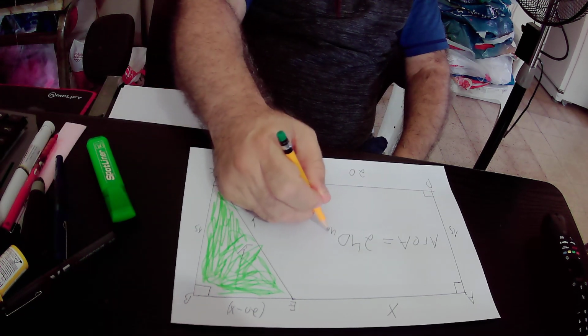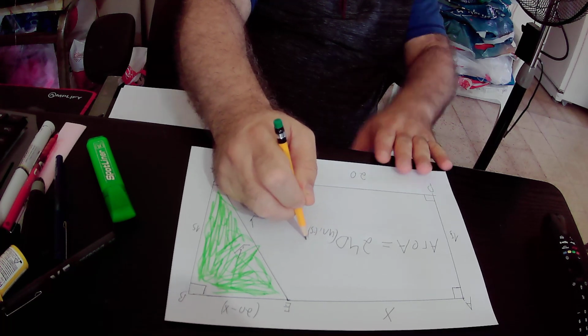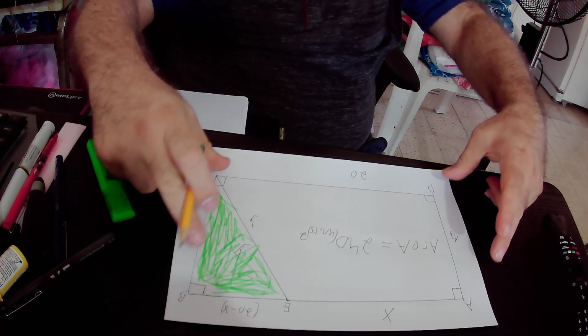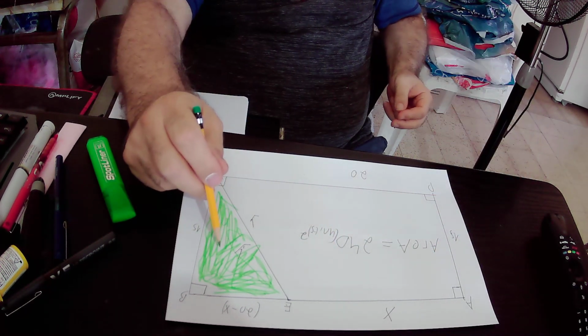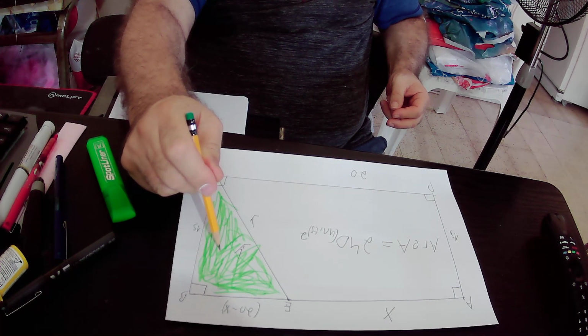Okay, so the area of the rectangle minus the area of the white shape will be equal to the area of the right green triangle.